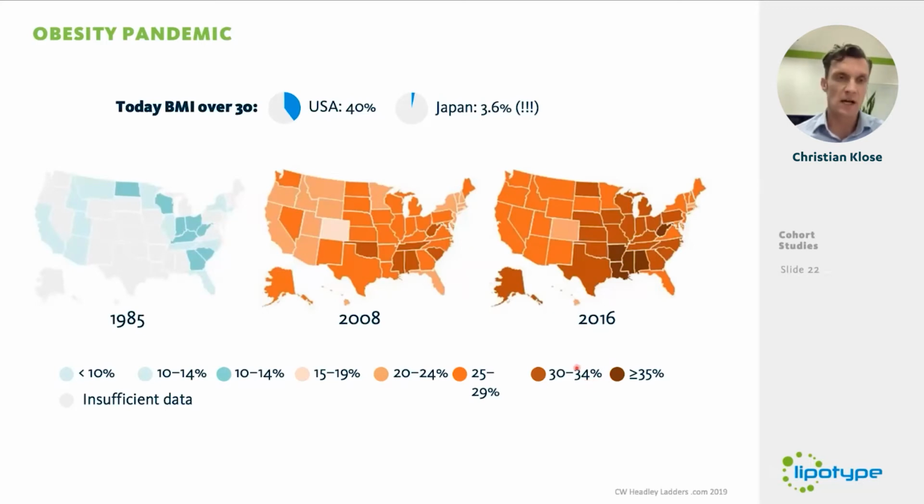And obesity is clearly a global problem, and that's why one really speaks of an obesity pandemic. In the United States, for example, about 40% of the overall population is obese. This is not necessarily the case in every country in the world. For example, in Japan, it's only 3.6%. So it is also a problem specific to certain societies.